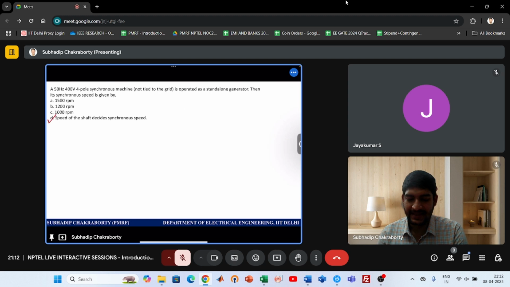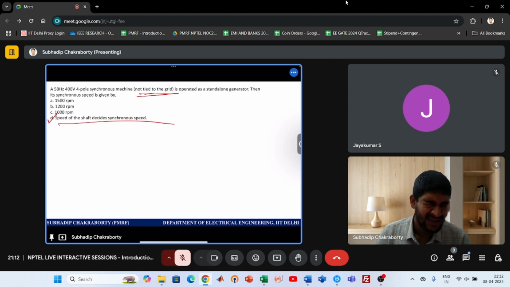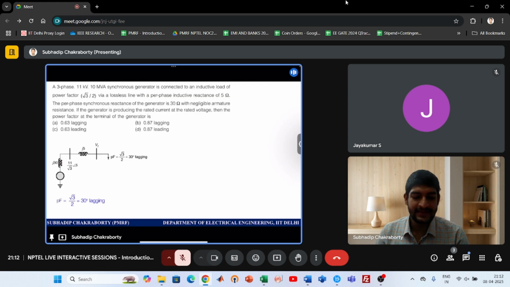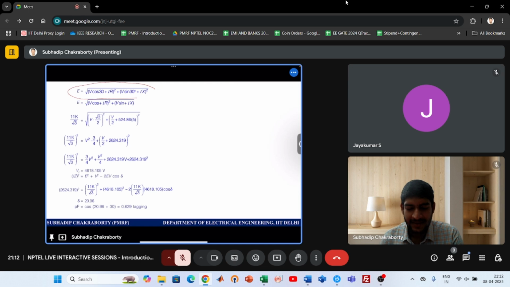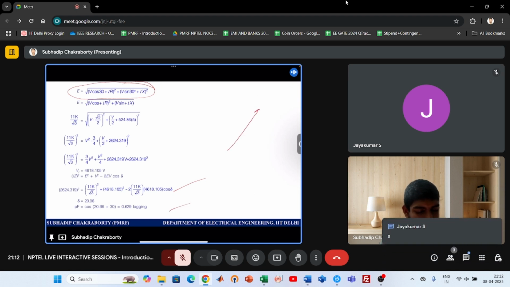We already discussed that the speed of the shaft decides the synchronous speed for a machine not tied to the grid, right? We discussed already. And then this is a very interesting problem that came in GATE 2024, based on the formula we already discussed, right? Just solve that phasor diagram: VT, and then IA, then IA RA.